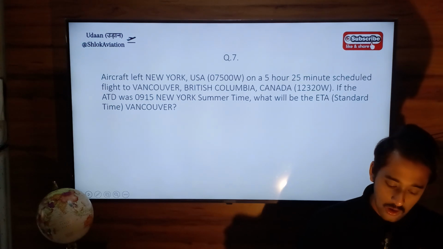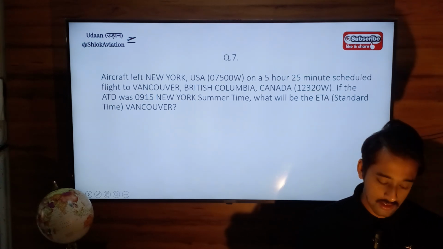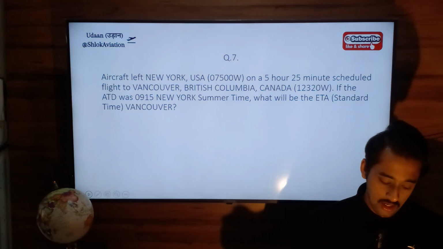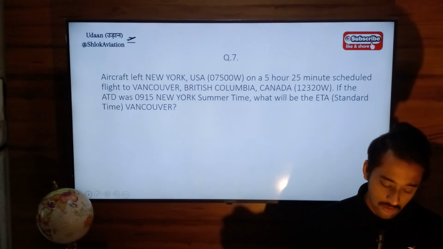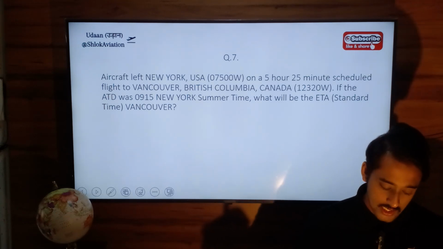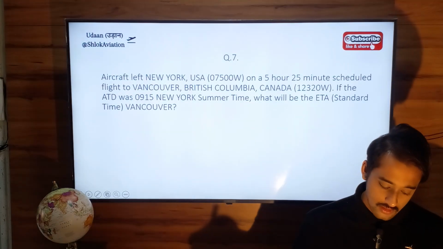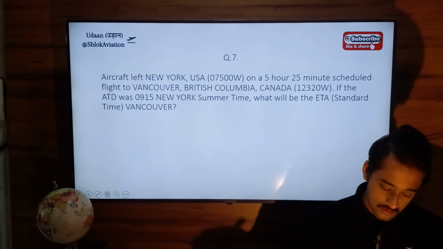An aircraft left New York on a 5 hour 25 minutes flight to British Columbia, Canada. If the actual time of departure was 09:15 New York summer time, what will be the standard time at Vancouver?